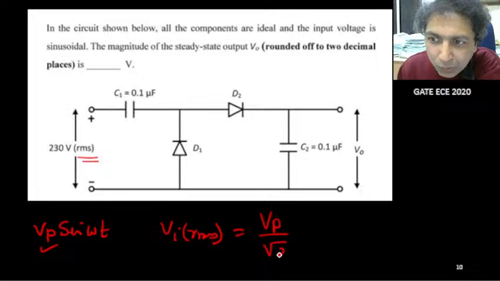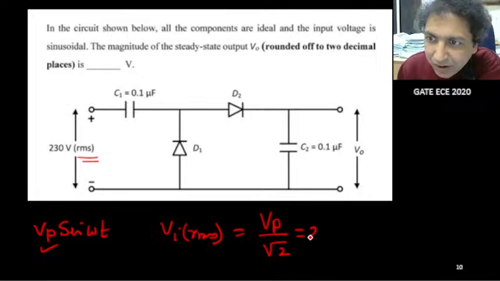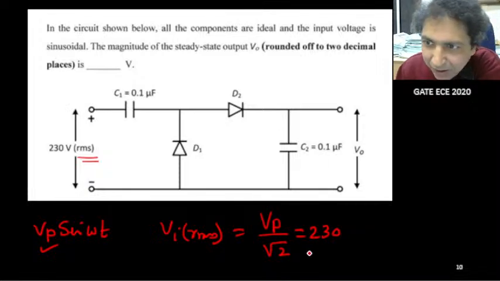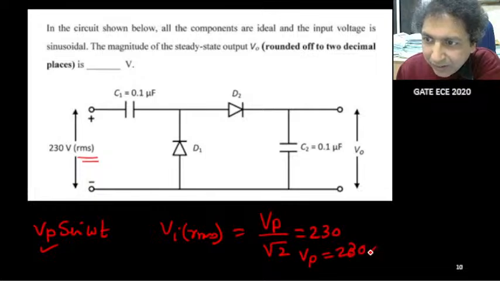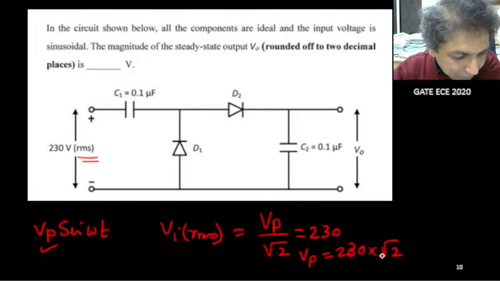And that value is given here, 230 volt. Okay, the RMS value is given this one. So from here we need to calculate the peak voltage. Peak voltage is 230 times root 2.